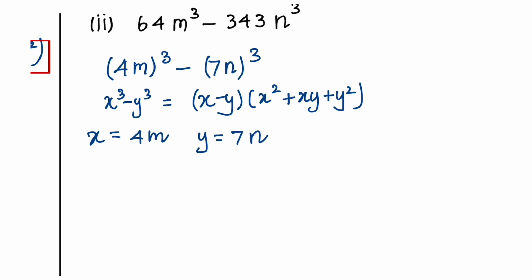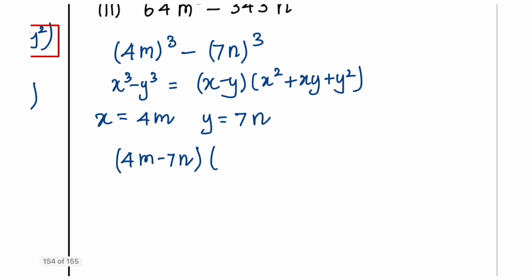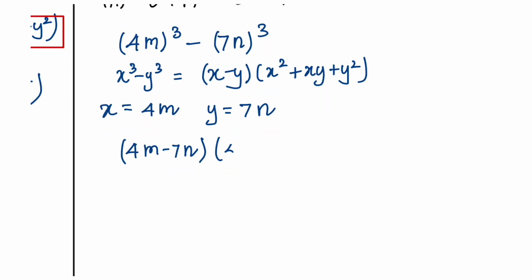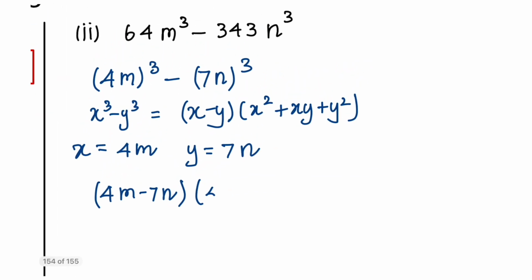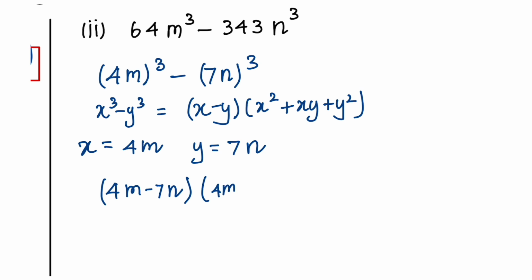And applying this identity, x minus y, right? So 4m minus 7n into multiplied by x squared here is going to be 4m the whole squared plus 4m into 7n plus 7n the whole squared.